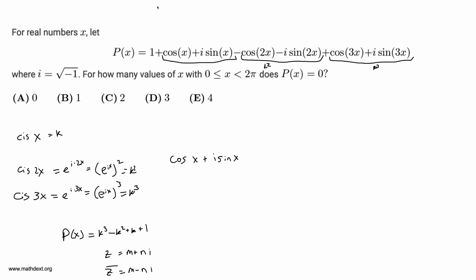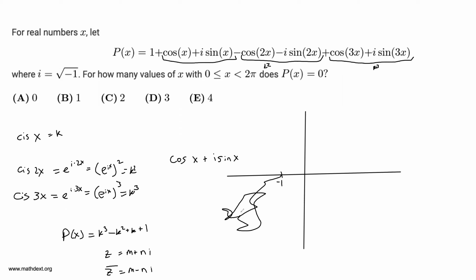And if you just think about visualizing the graph of p of x, you see that when p of x is less than -1, then k cubed, k squared, and k are all negative, and it's easy to see that this sum is clearly less than -1. So below -1, there's a bunch of negative, and then p of -1 is equal to -2.